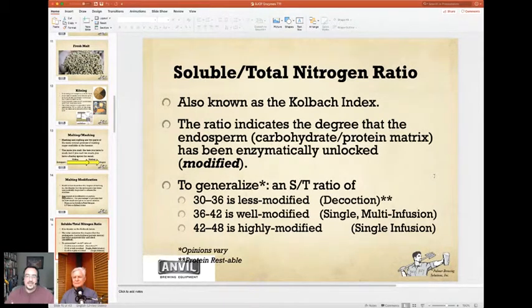On malt analysis sheets, you'll see this described as the soluble to total nitrogen ratio, the S/T ratio, or the Kolbach index. All different names for the same thing, and that's a percentage.